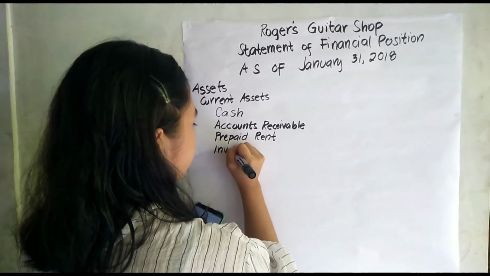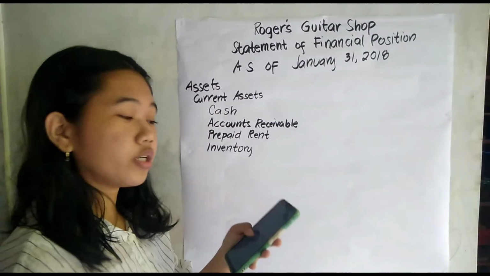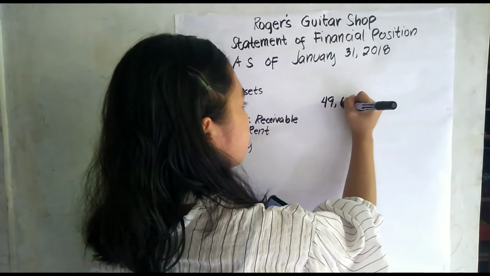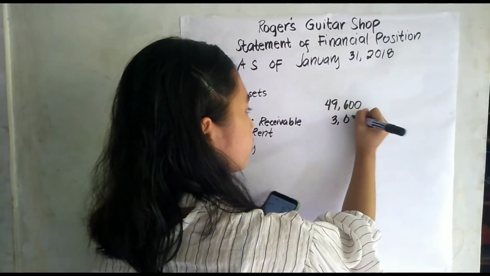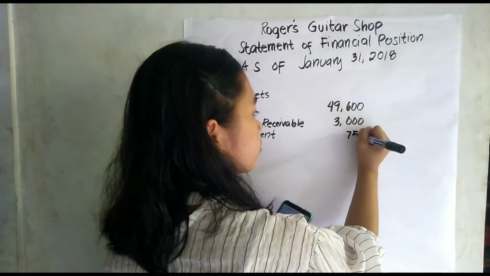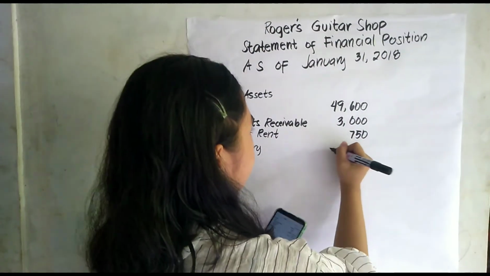The amount of cash is 49,600. Accounts receivable 3,000. Prepaid rent 750. Inventory 18,800.